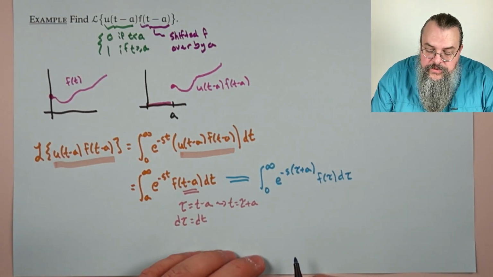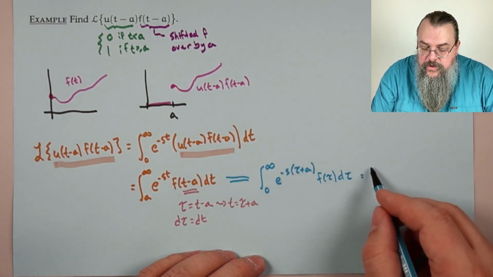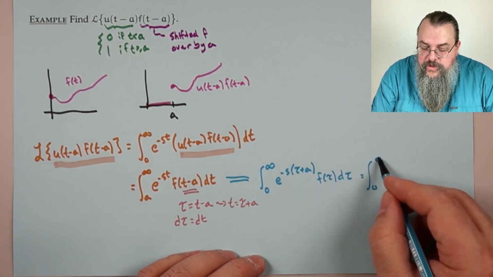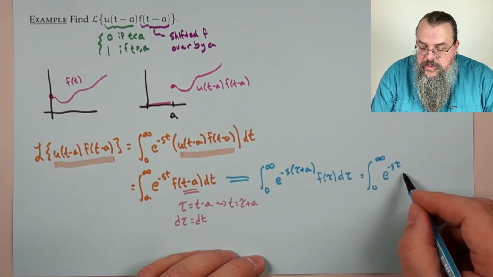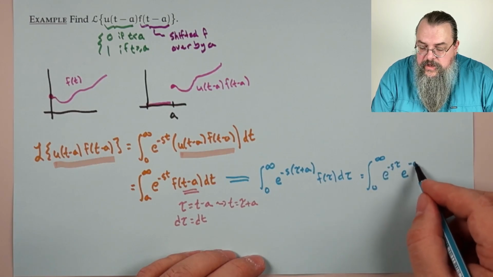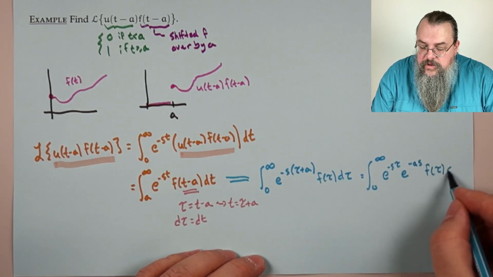Well, we're almost there. We can distribute through, and we can say this is really the integral from 0 to infinity of e to the minus s tau, e to the minus, I'll write as a times s, and f of tau d tau.